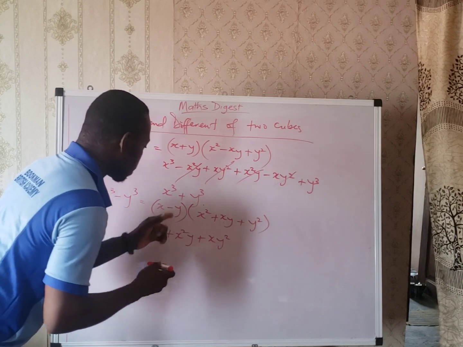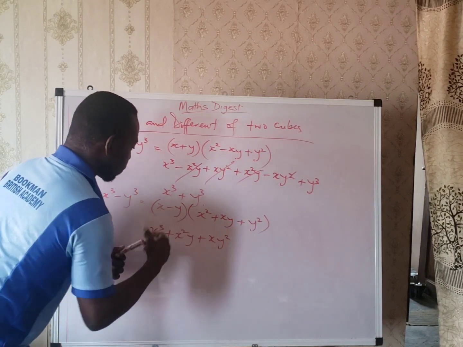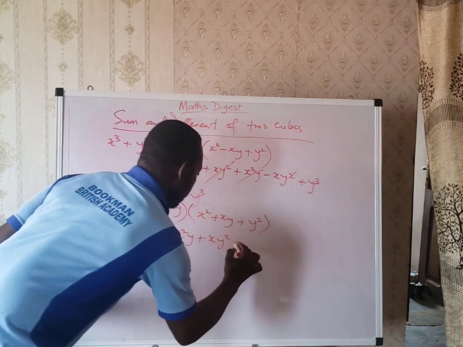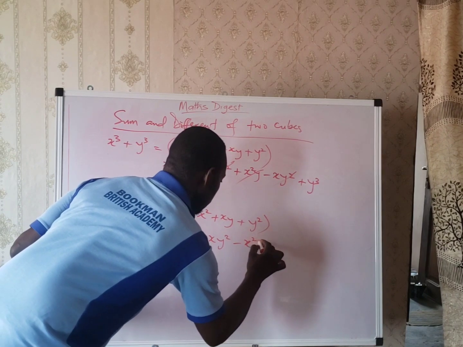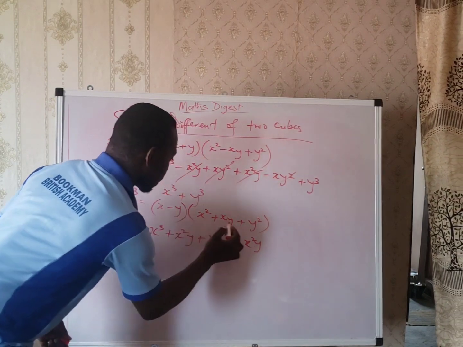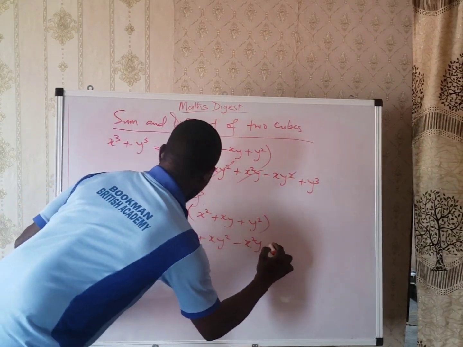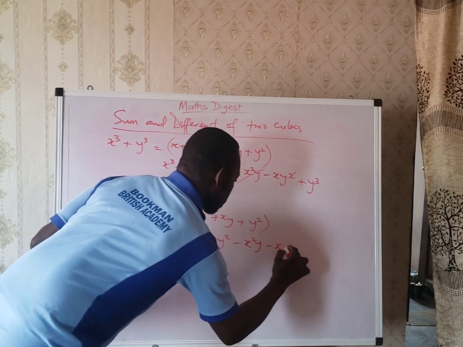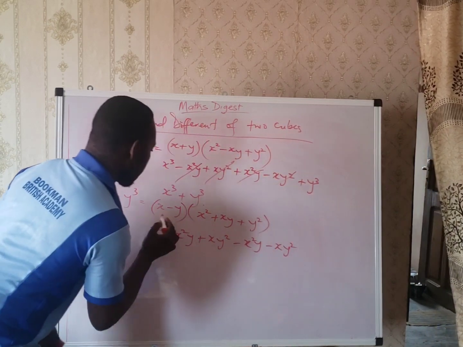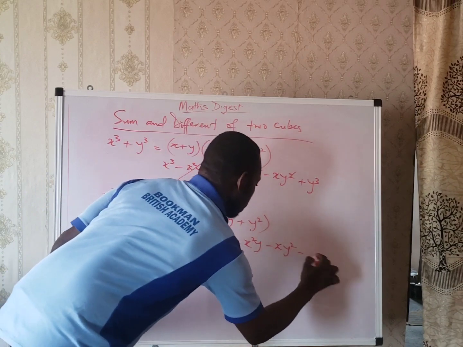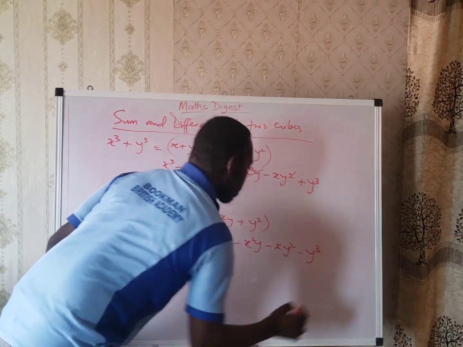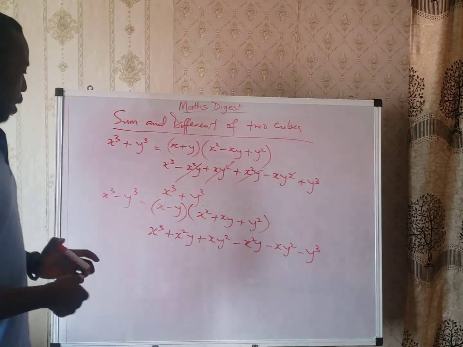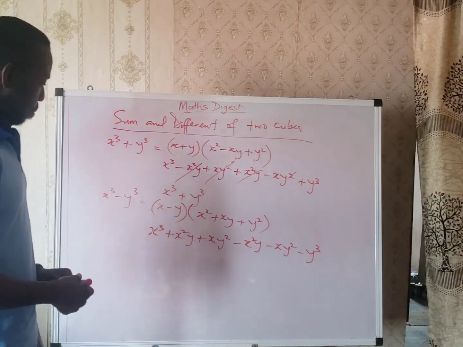Now, if you come for this second one, you have minus y times this, we have minus x squared y. Minus y times this, we have minus xy squared. And minus y times this, we have minus y cubed. Okay? Now, let's also identify the like terms among them.